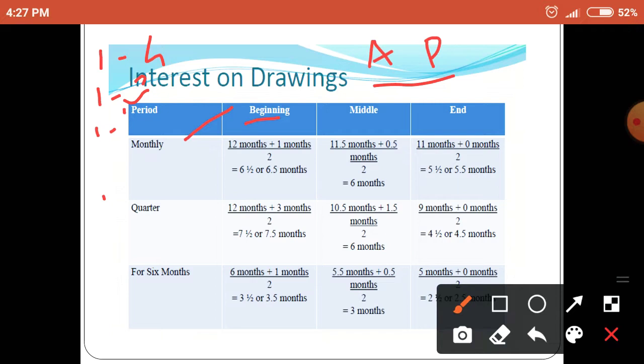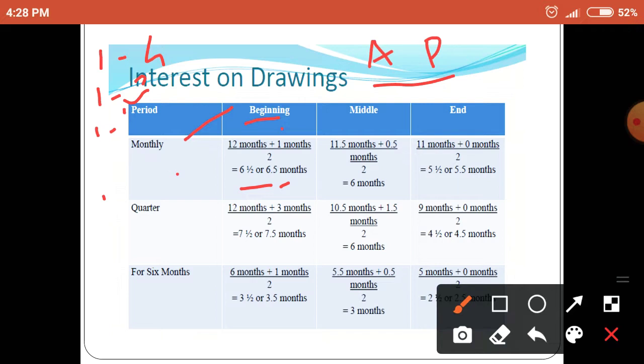In such a case, while calculating interest on drawing, you have to use the formula: total drawing into rate of interest into average paid into 1/12. So average paid you have to consider here, for the beginning of each month, as only 6.5 months.